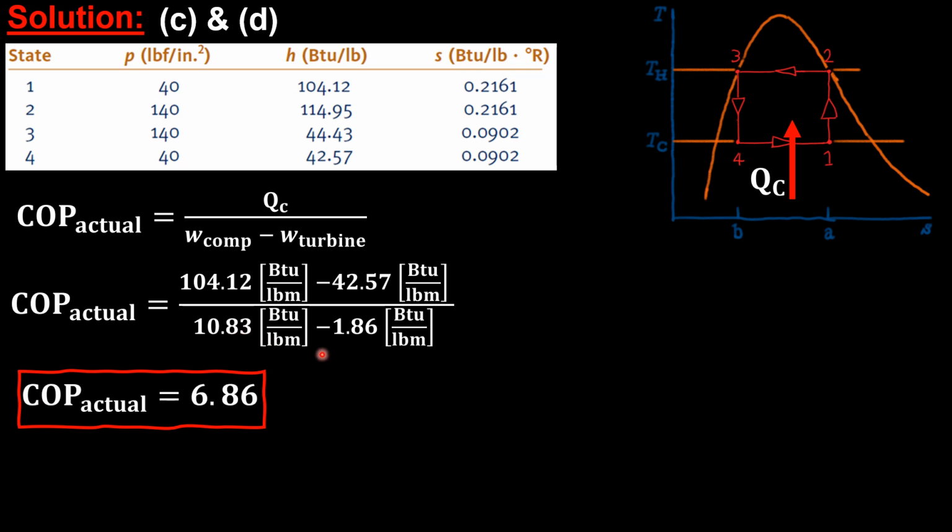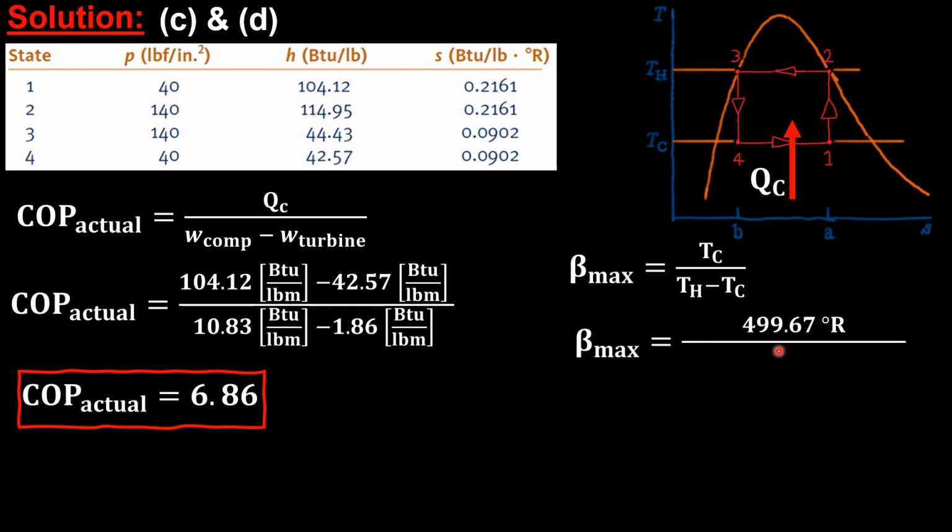So COP actual will be 6.86. Now the maximum theoretical one, just like we did in the first problem, the difference is that we use the thermal reservoir temperatures in here. So we will plug in the thermal reservoir temperatures that we are given, and the maximum is 9.98.